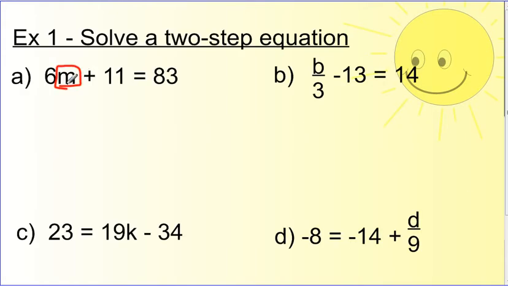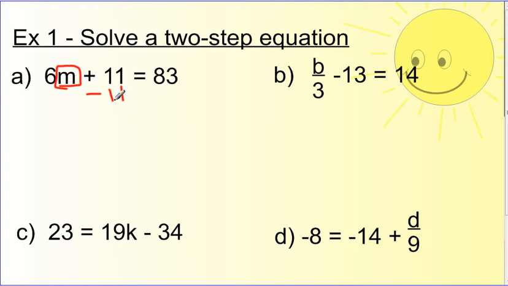So here's my variable. Now, in case you don't remember what terms are, this side of the equation has two terms, 6m and 11. Terms are all the things that are separated by a plus or minus sign. Okay, so we want to get rid of all the other terms that do not have a variable, which would be this guy. So we're going to subtract 11.